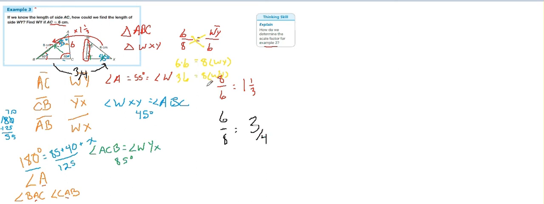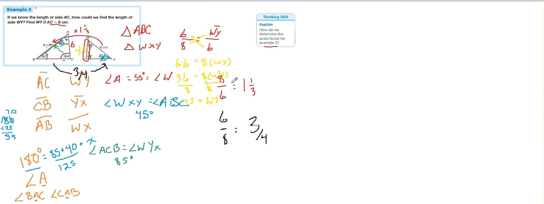How do I get WY by itself so I know what it's worth? I divide by 8, so I'm down to just 1 WY. And what is WY? It's 36 divided by 8, which I think is 4.5. Meaning, we have determined side WY is worth 4.5.